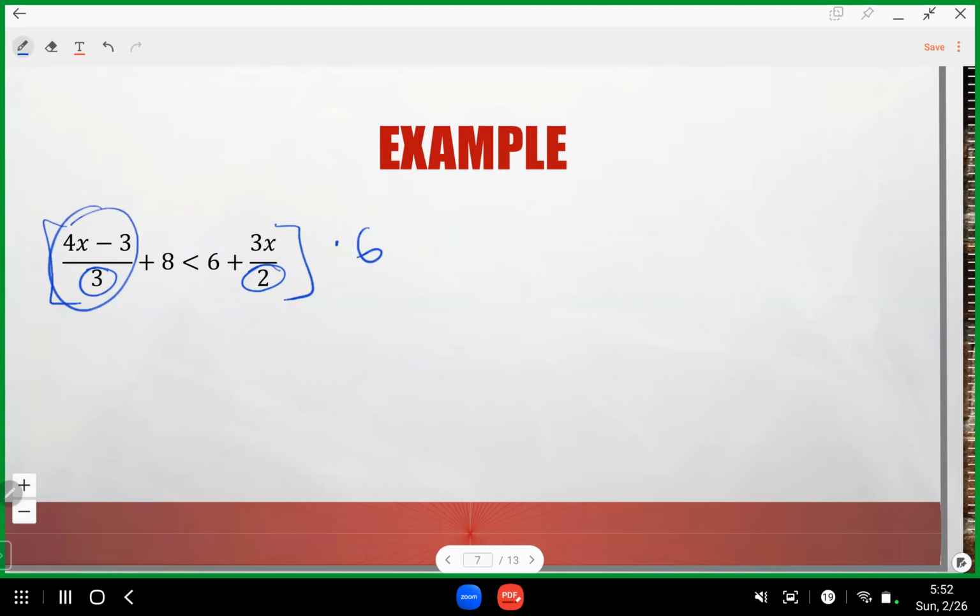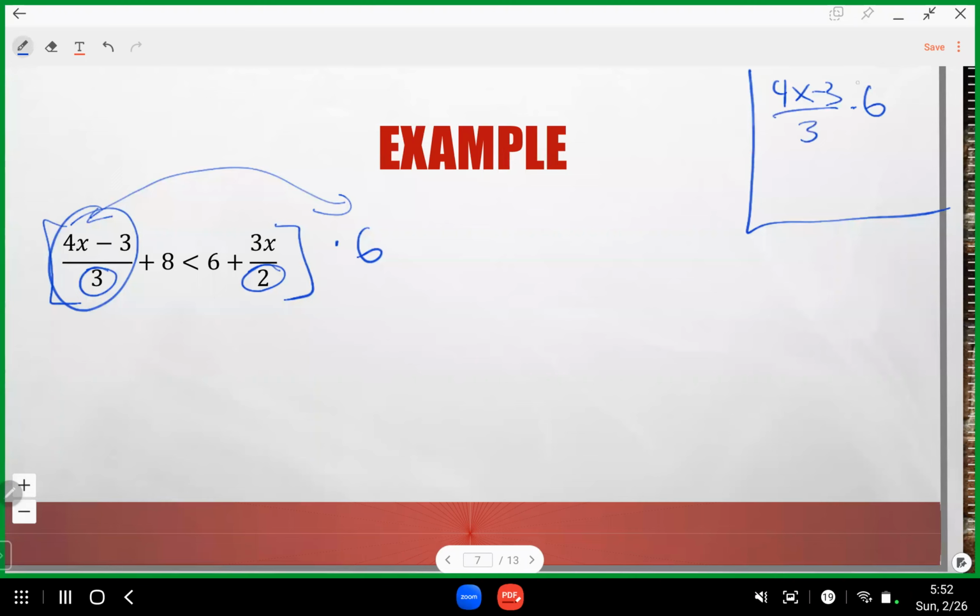24x over 3 minus 1/3 minus 6. All right, so before you multiply the tops here, let's look at this over in the corner for a second, and I think this is helpful for everybody.